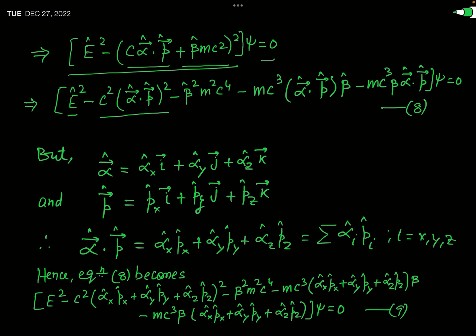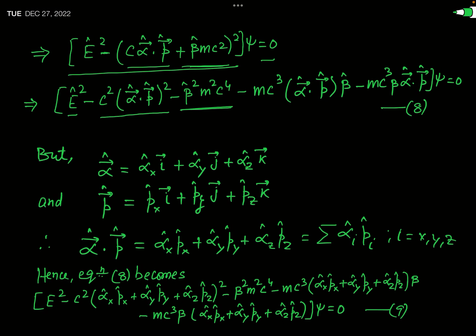And beta MC square operated on beta MC square will be beta square M square C4. Since there is a minus outside, all terms inside this bracket will be negative, so I have written minus beta square M square C4.